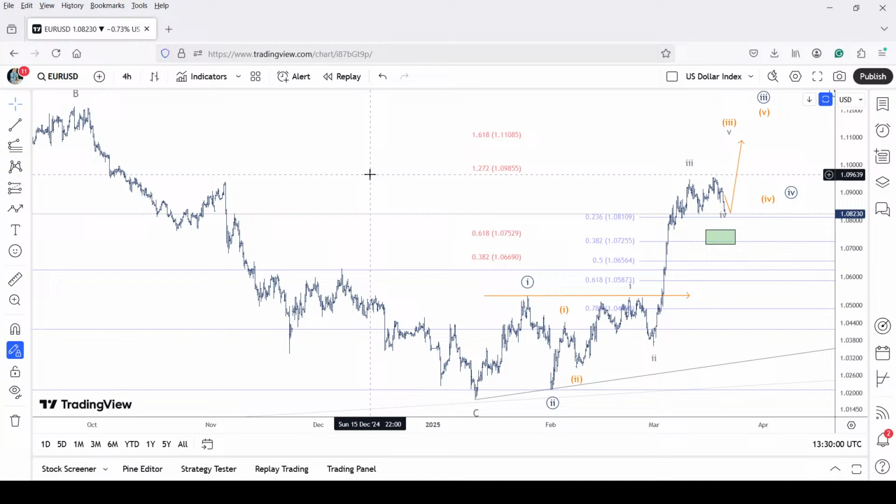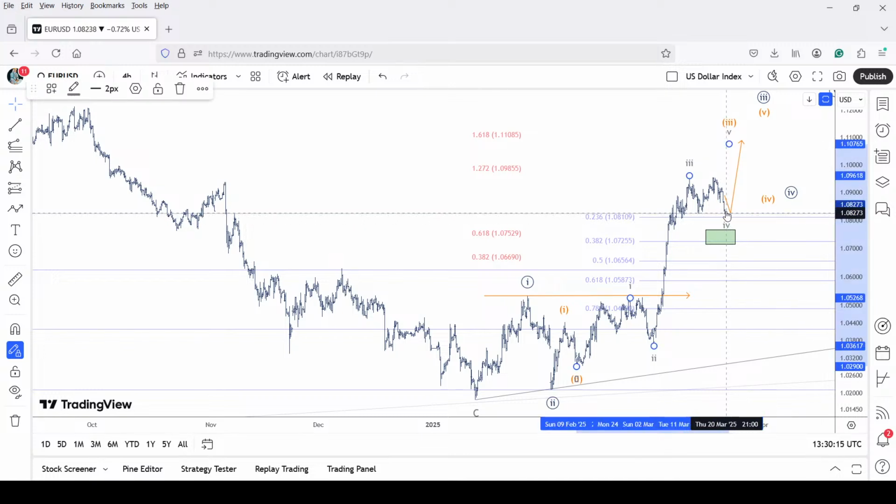Straight away let's get started off the Euro USD. And finally, after quite a few trading sessions, we have seen that price action has actually followed the path that we've been expecting it to do so.